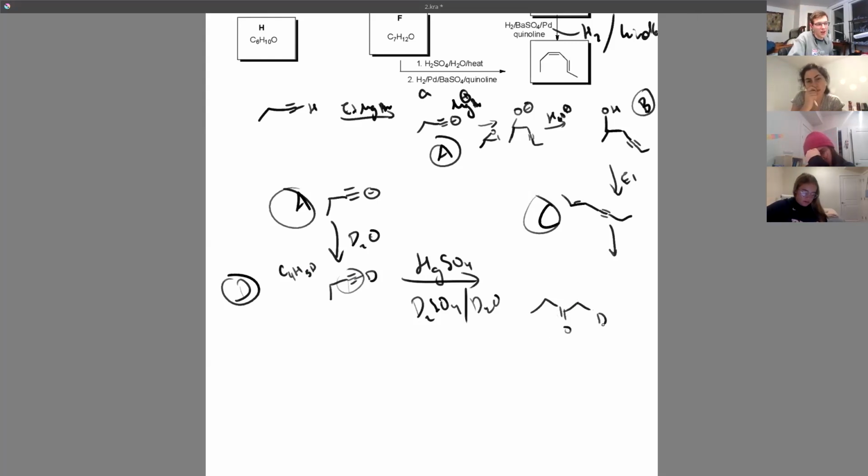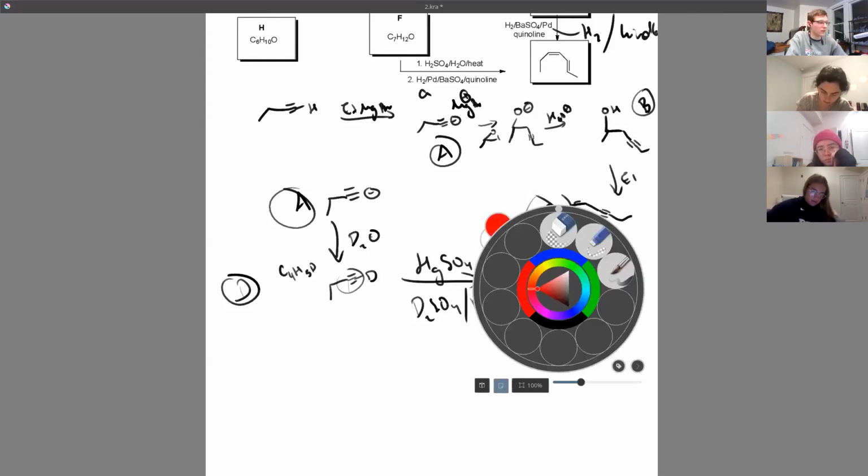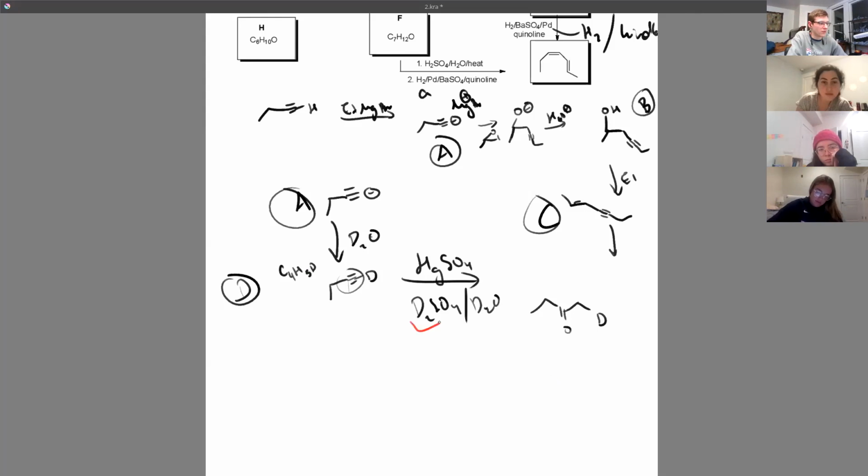This had a deuterium that's old. And here's this guy and these. The only other place that we've added hydrogens is at the end here, because this needs 2 more hydrogens. So that looks good.